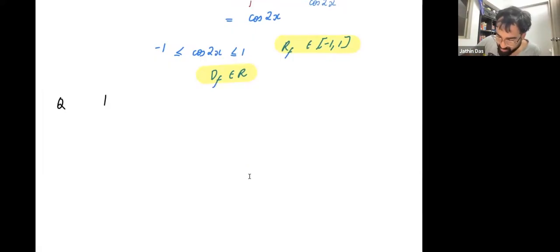Okay, next. Find the domain and range of tan square of pi by 4 minus x. Easy it is.